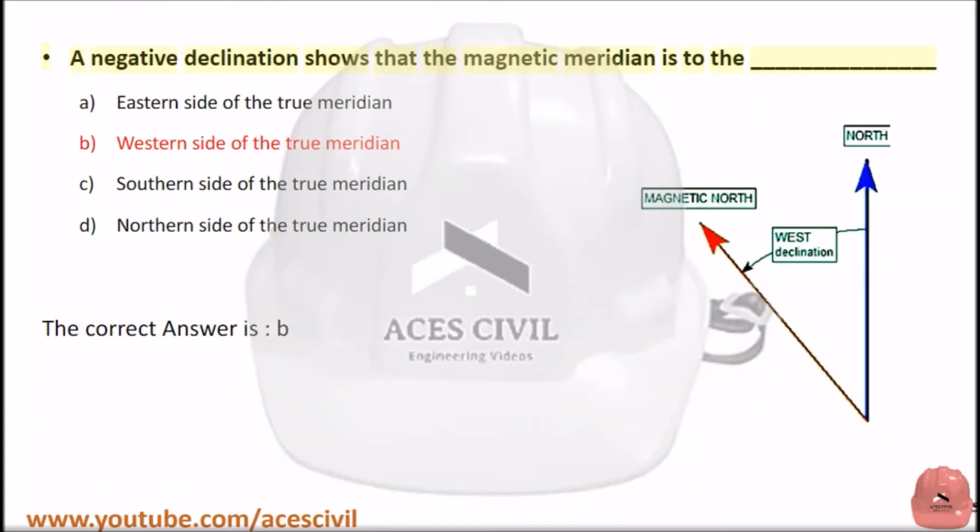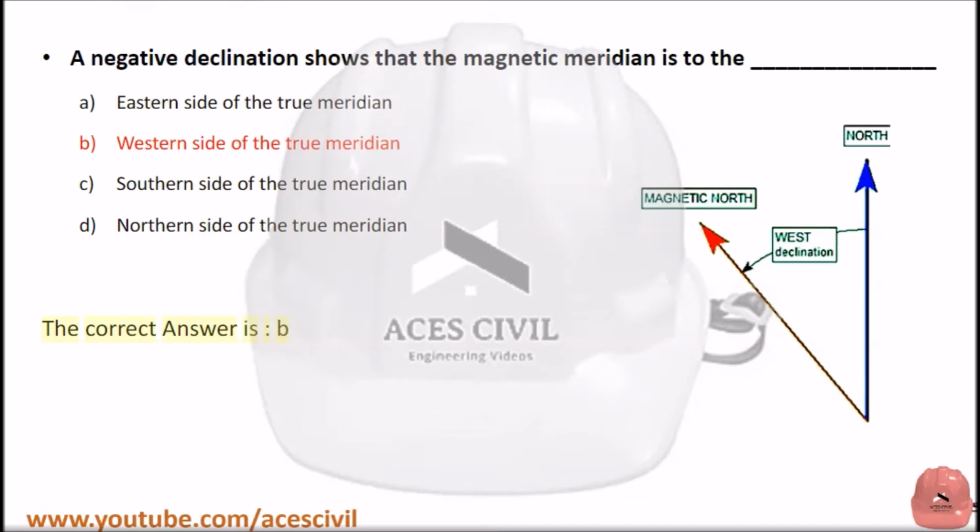A negative declination shows that the magnetic meridian is to the A. Eastern side of the true meridian. B. Western side of the true meridian. C. Southern side of the true meridian. D. Northern side of the true meridian.